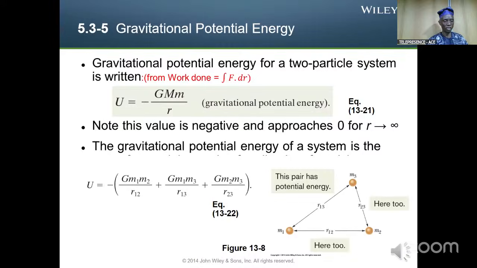U, the potential energy, is minus GMm over R. What you note here is that it's now R instead of R squared, because the force itself is GM over R squared. If you integrate that dot dr, this is what it comes to. So just note the final answer, that the potential energy varies inversely as the distance, not as the square of the distance, because it's just F dot R.